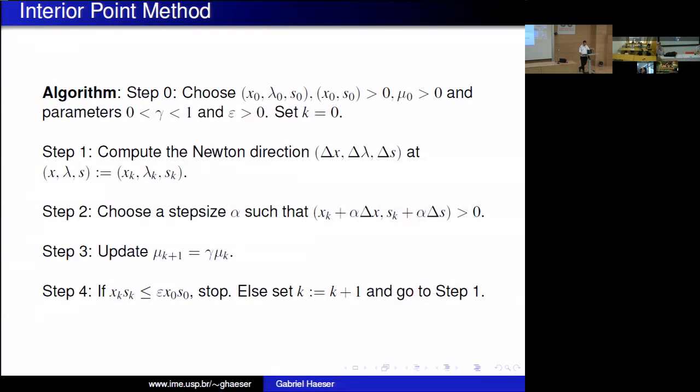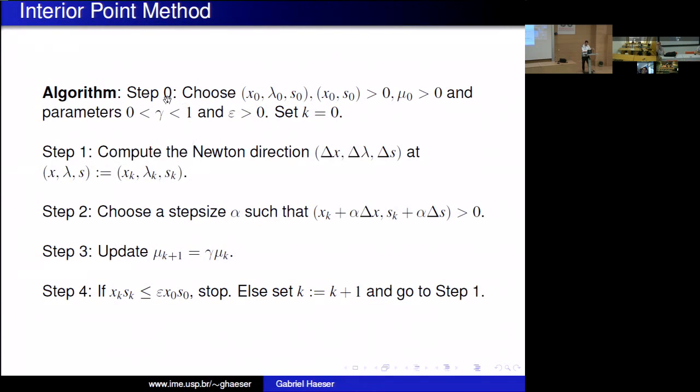This works fine. So you have to choose an initial approximation; the initial approximation should be inside the feasible set, the constraint that it should be positive. You have an initial penalty parameter, mu0.